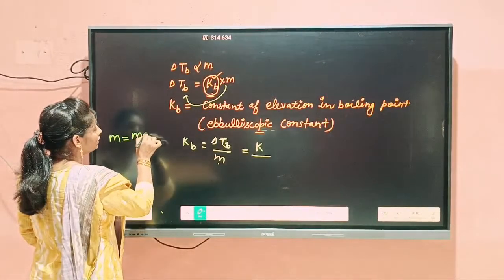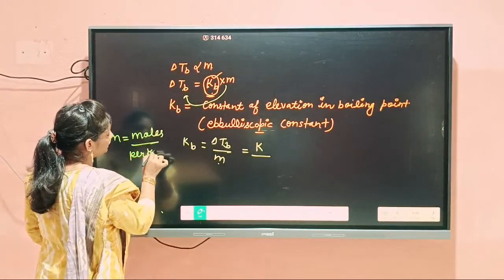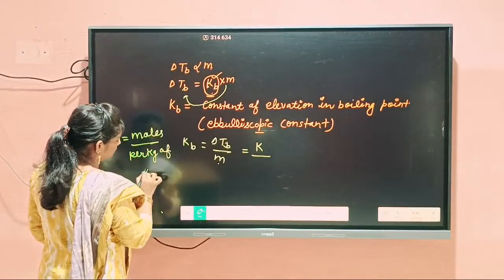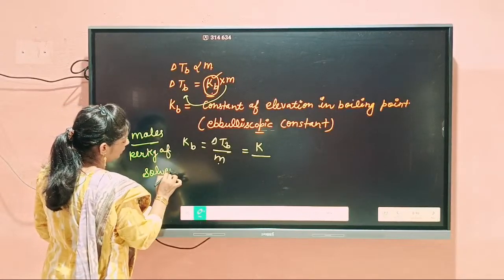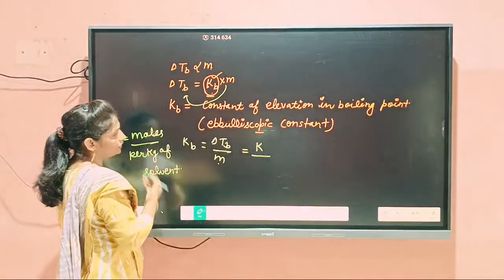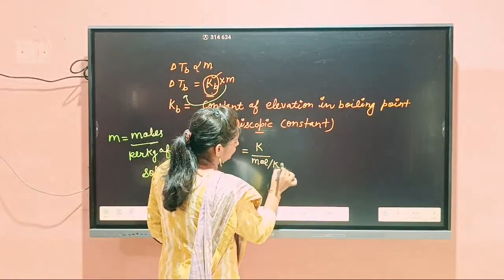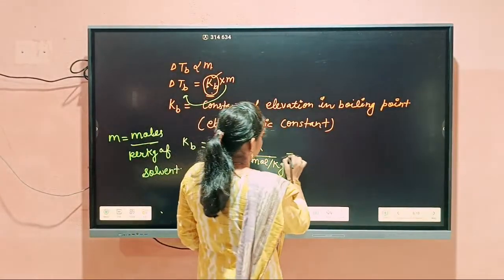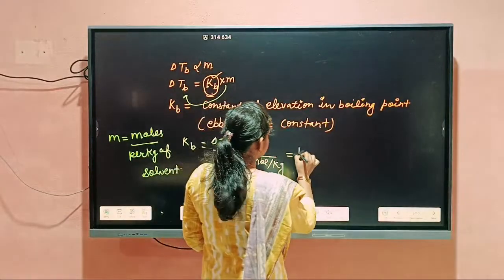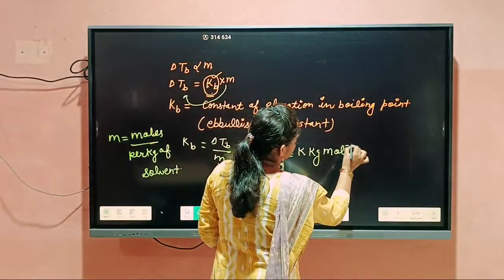Number of moles dissolved in per kg of the solvent. This is the molality. Okay. So what will be the unit? Mole per kg. So from here, the unit for Kb is Kelvin kilogram per mole.